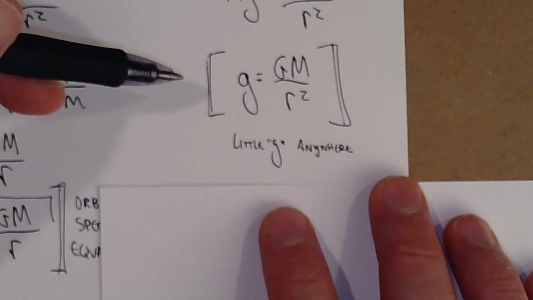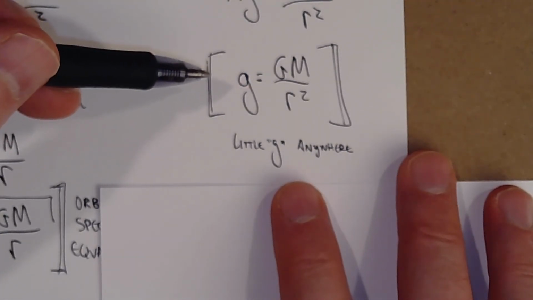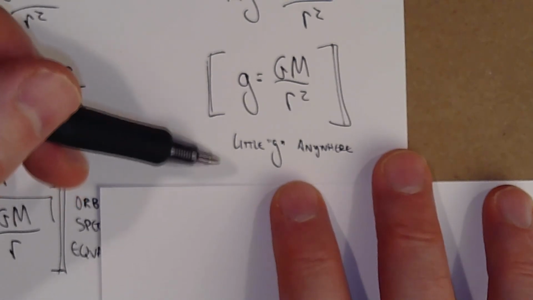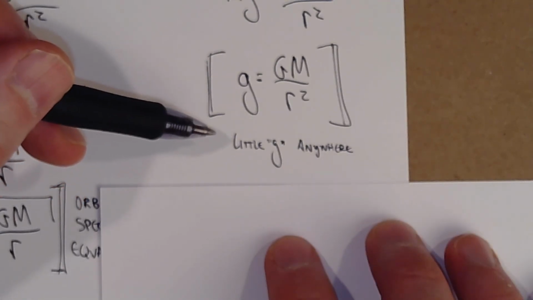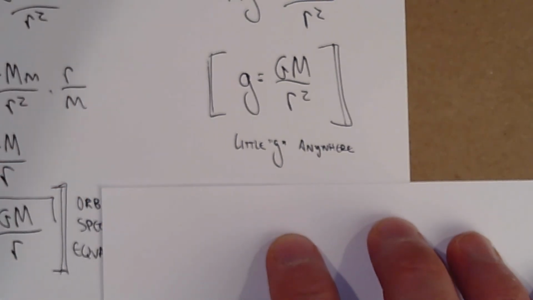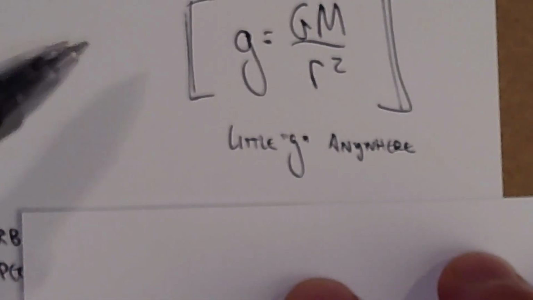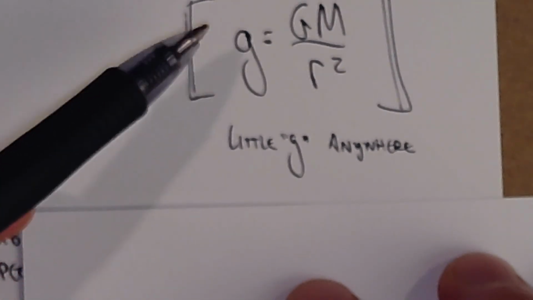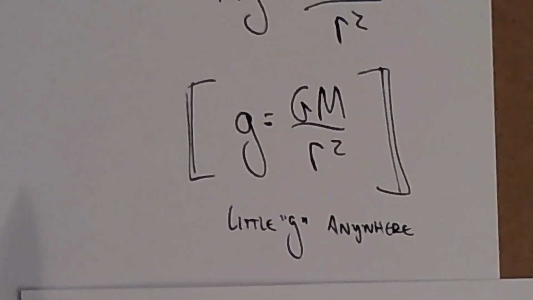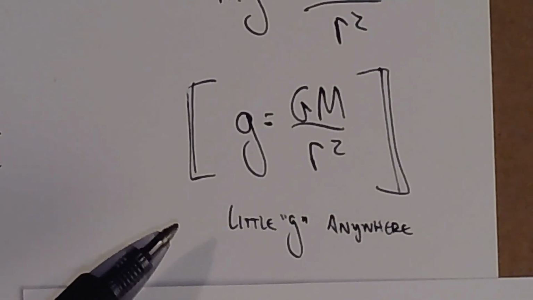And I don't really know that there is a name for this relationship. I'm going to call it the little g anywhere equation. And the little g anywhere equation is an expression that's going to tell us the value of the acceleration anywhere. It doesn't matter. That could be little g on Earth.